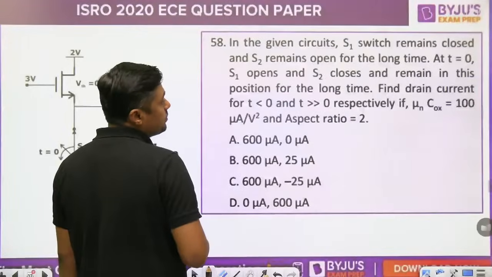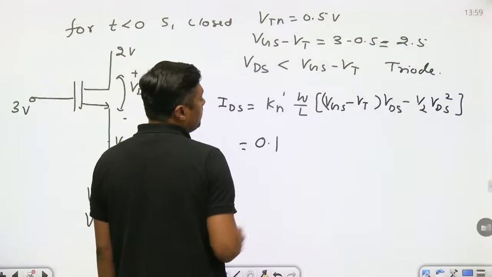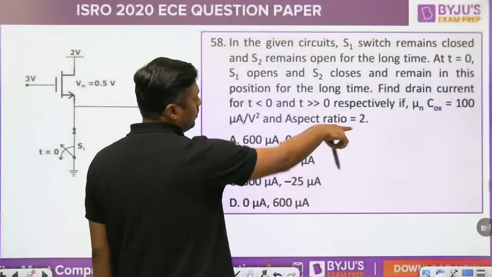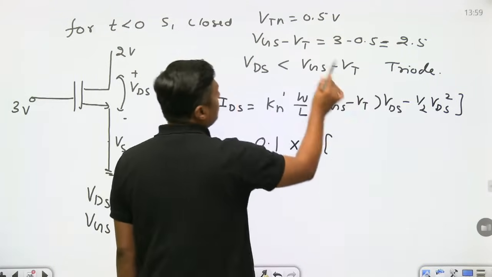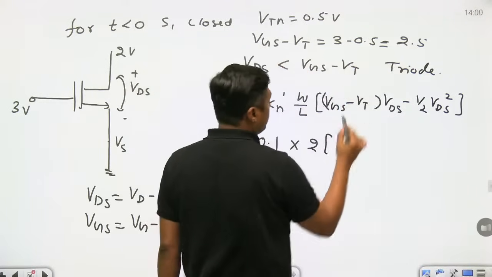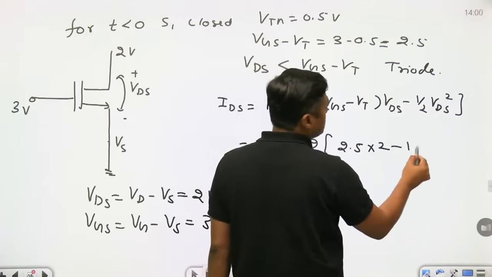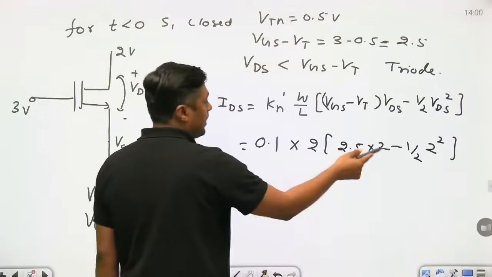Kn' means mu n Cox. Mu n Cox is 100 microampere, 0.1 milliampere. Aspect ratio W by L is 2. VGS minus VT we have already calculated as 2.5 volt. VDS is 2 volt, minus half of 2 square, that will become minus 2.